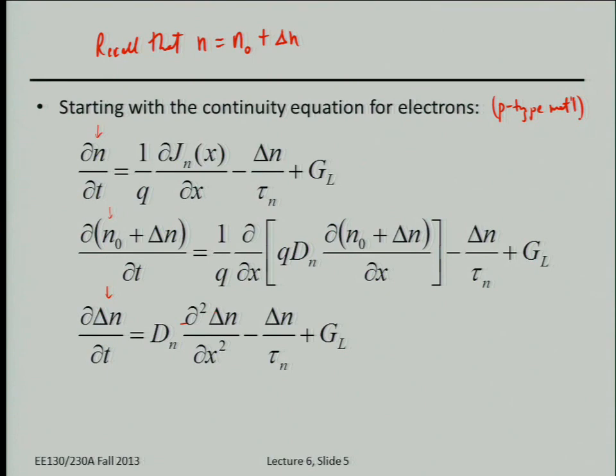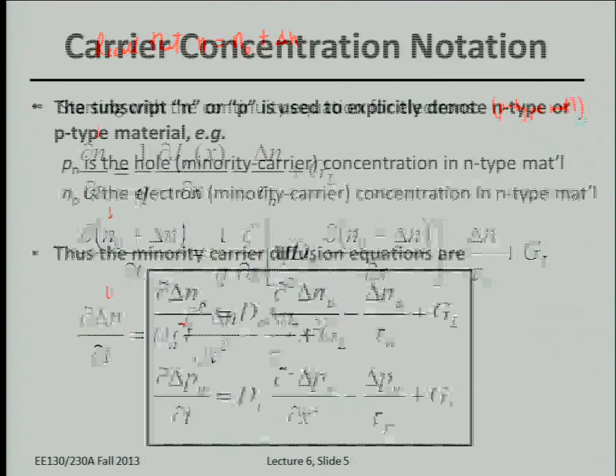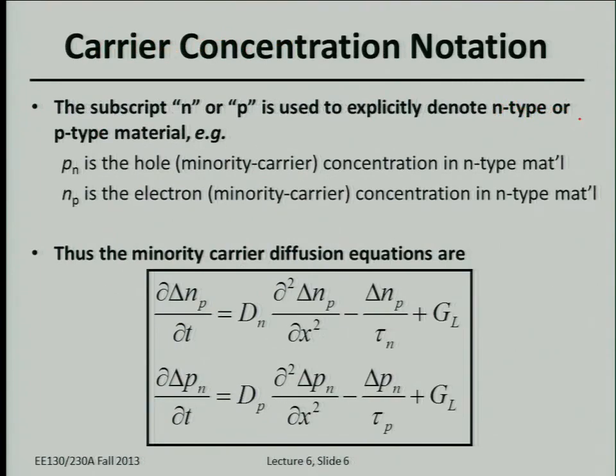The rate of change of the excess minority carrier concentration is going to be dependent on the second derivative with respect to distance. And it also will depend on the rate at which you're losing them due to recombination, or gaining them due to generation. Okay? So we do want to keep track of carriers, both n and p, electron and hole concentrations, and whether they're minority carriers or majority carriers.